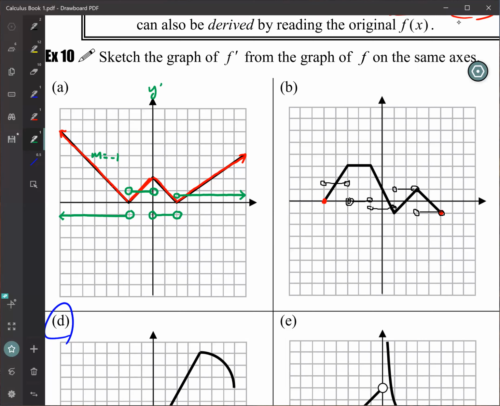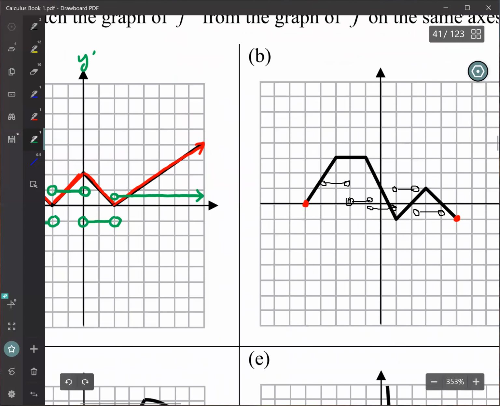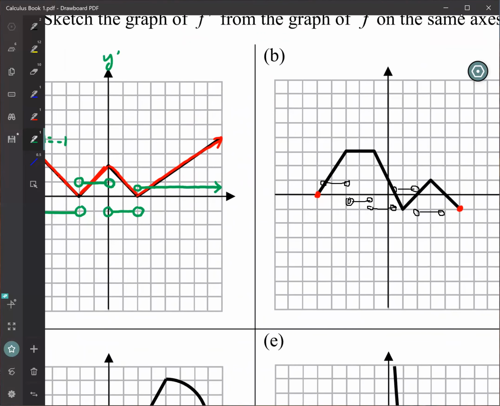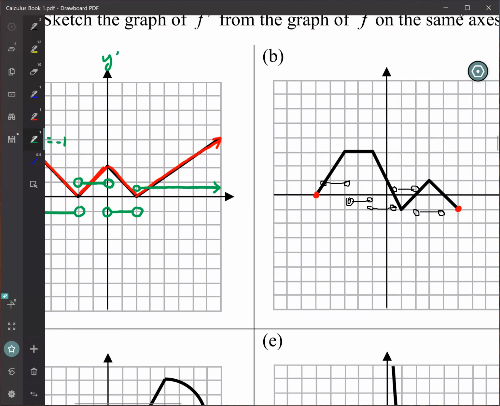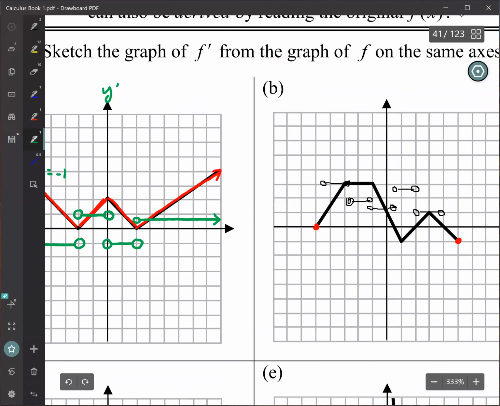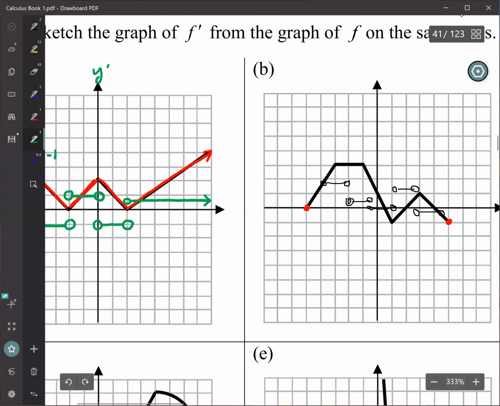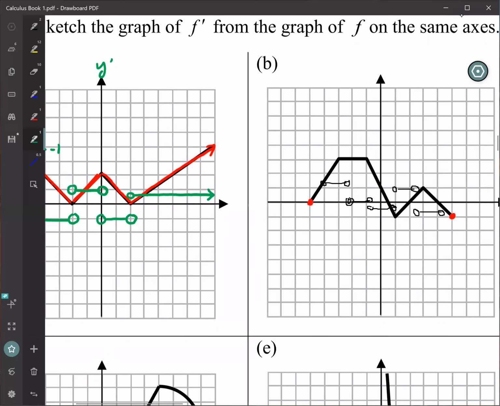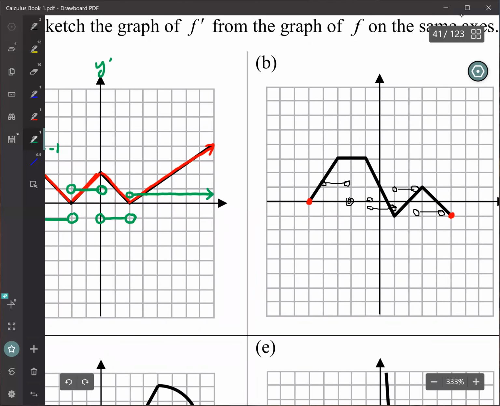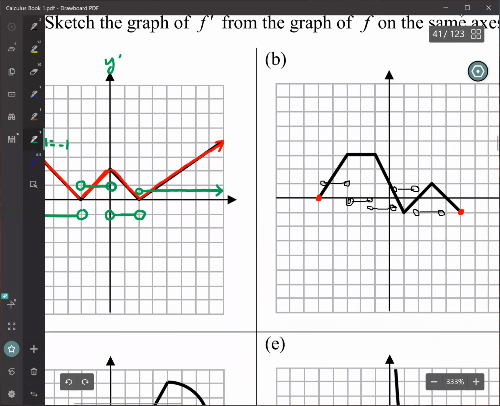For the one in the middle, I got between -1 and 1, I got -2. Okay, hold on. I kind of lost it. 1.5 here, and then here.